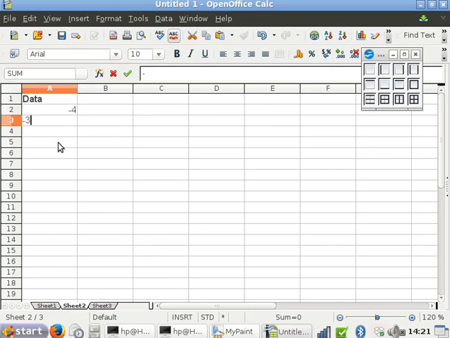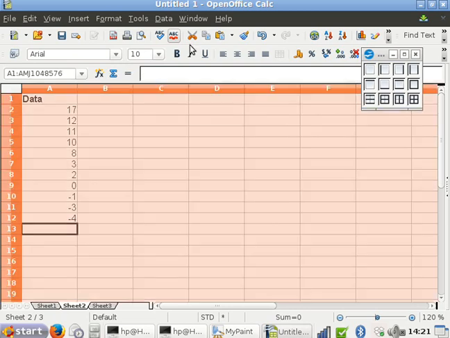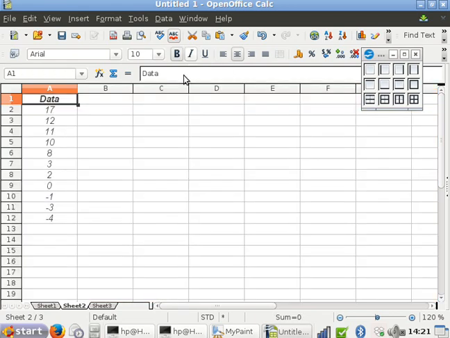I'm going to start with biggest to smallest: 17, 12, 11, 10, 8, 3, 2, 0, -1, -3, -4. And they want the mean. How do you calculate the mean average? Sum and divide by how many you have.